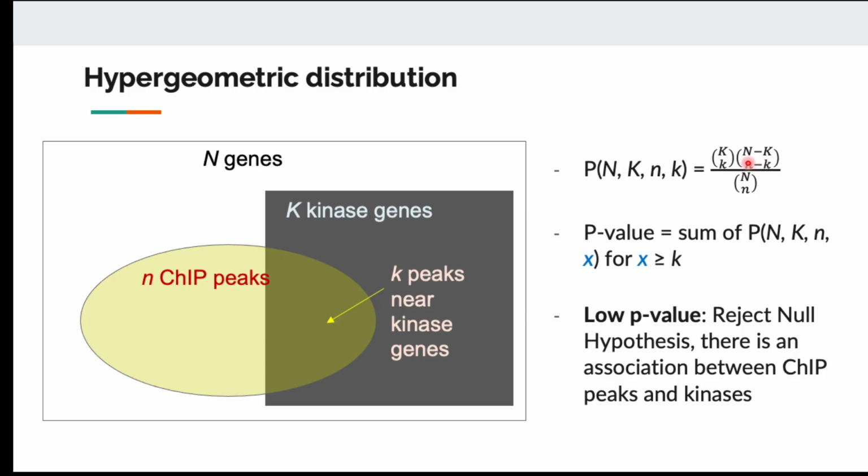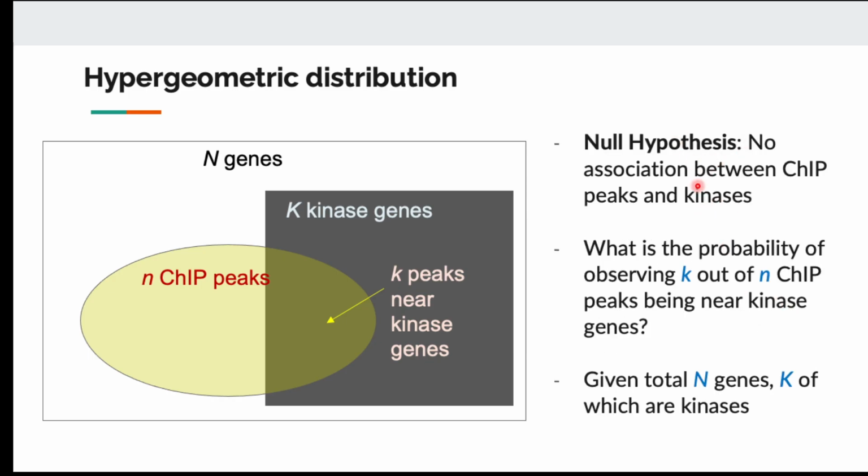And we need to select the rest of the oval here, the rest of the ChIP-seq peaks, from the non-kinase genes. And then we divide it by all the possibilities. So the hypergeometric distribution gives us the probability that we are observing this experimental result. From the probability, we can calculate the p-value. The p-value is just the sum of the probabilities. So if we get a low p-value from the hypergeometric distribution, we're going to reject the null hypothesis.